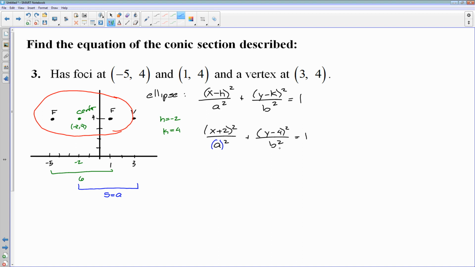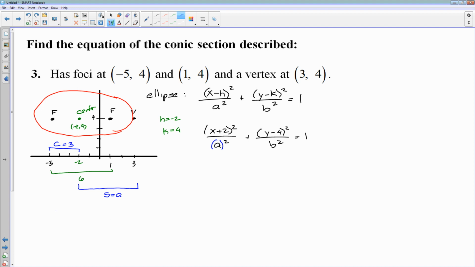Then to solve for b, that's going to be a little bit trickier because b is the dimension up and down. It's under the y, so I need to know how far up and down I go, but I don't have that on this graph. What I'm going to have to do is kind of like what I did with that hyperbola just a second ago. I know that the distance from my center to focus is c. Well, center to focus, that's my c, and that's a distance of 3. Well, I have c, I have a.